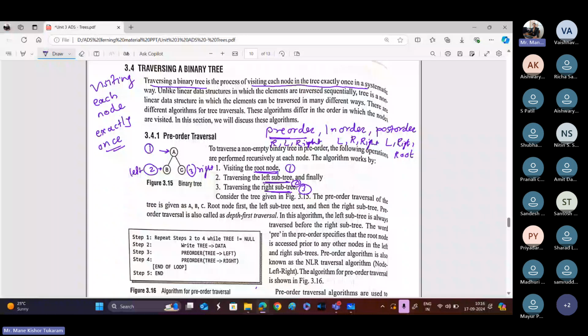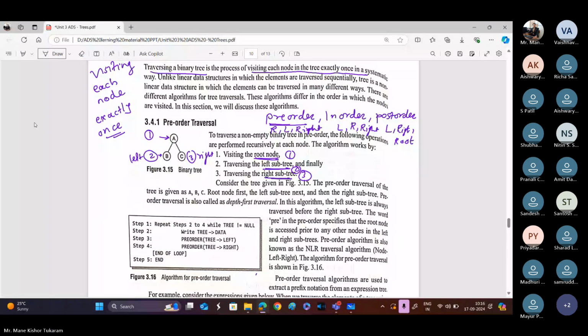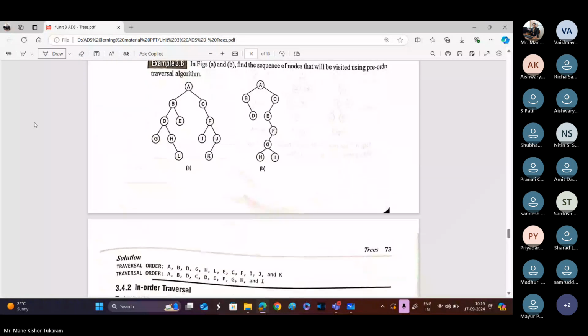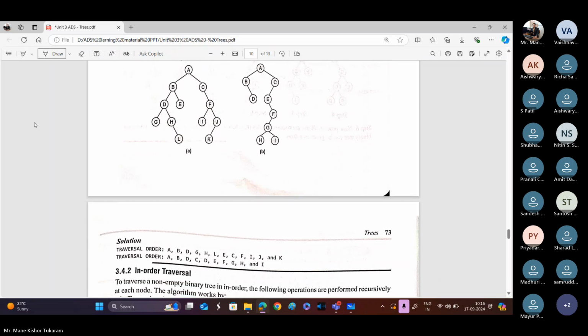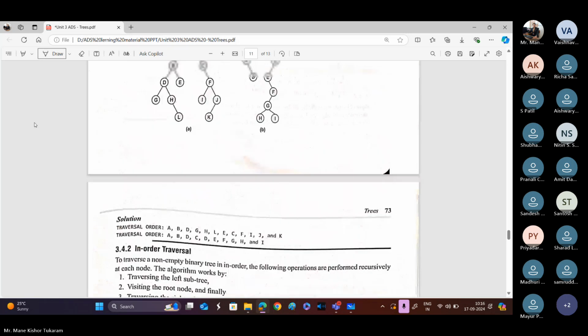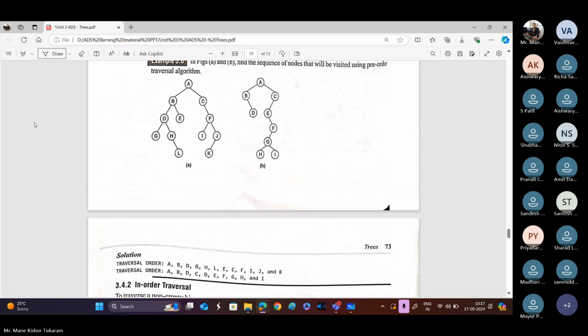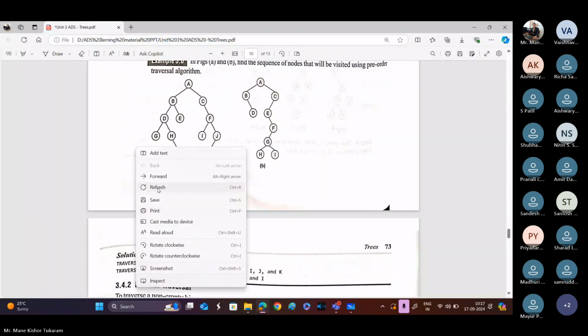So let's see the example. Okay, so this is the particular example. So let's copy this particular example.